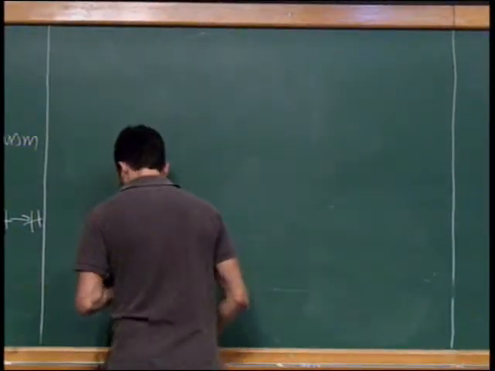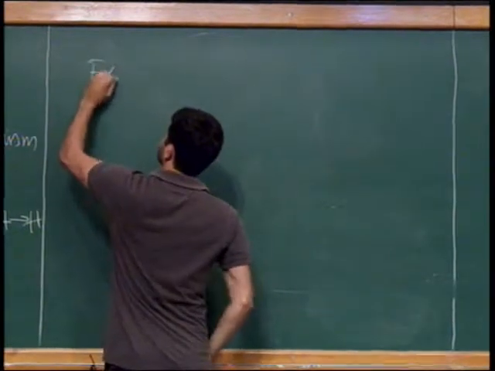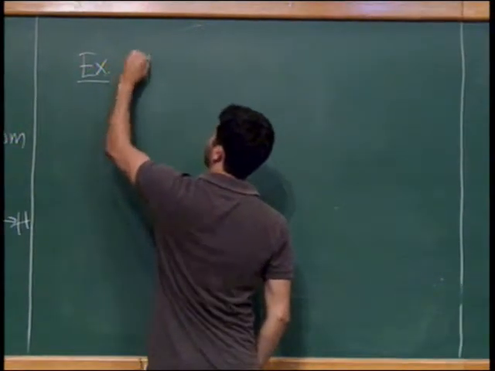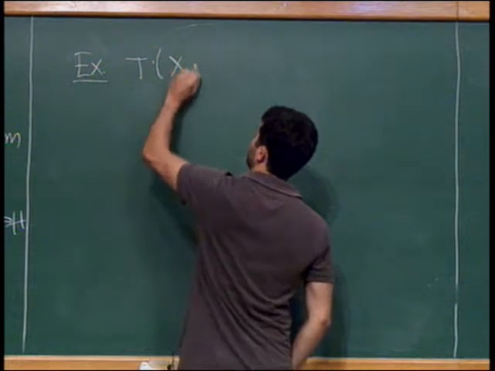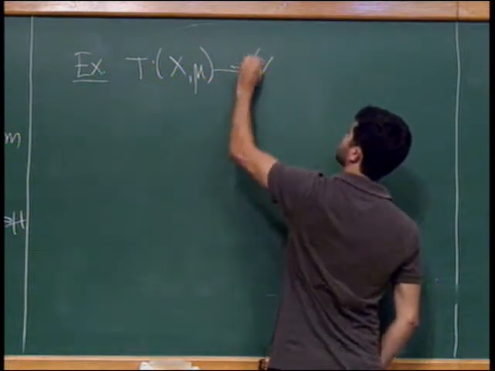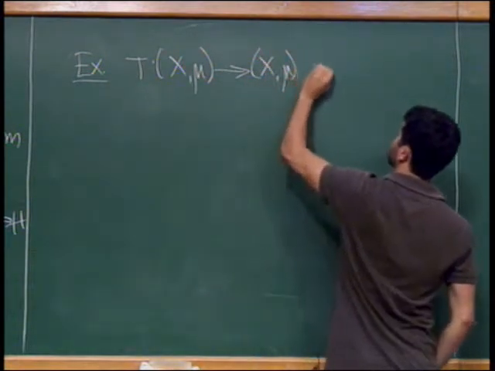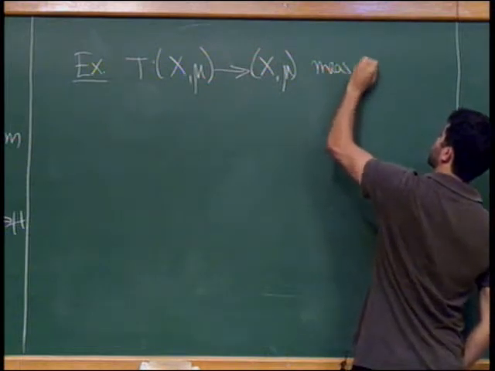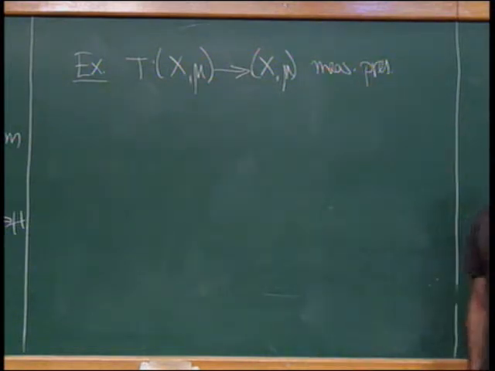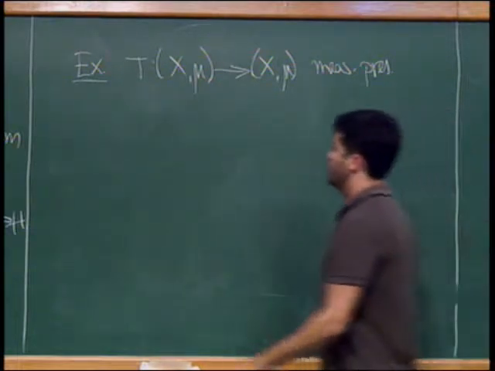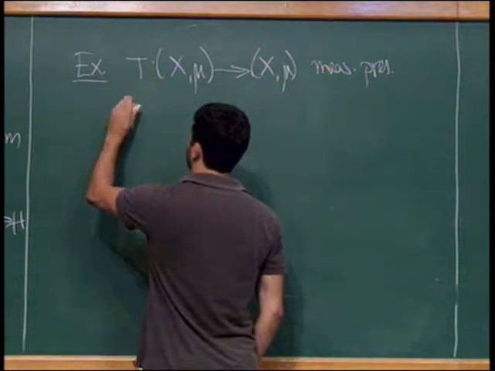So for example, what happens if you have a measure-preserving transformation here? Has someone heard about the Koopman-von Neumann operator? So what is the Koopman-von Neumann operator?